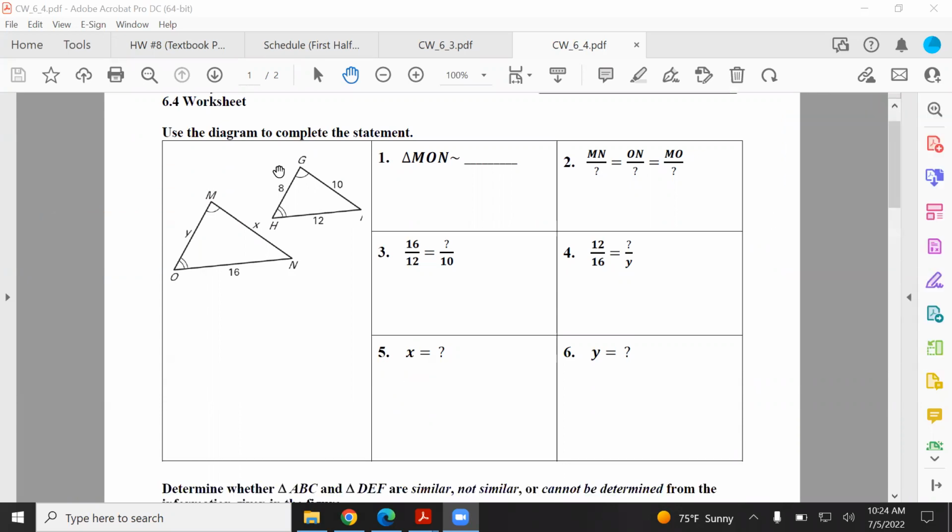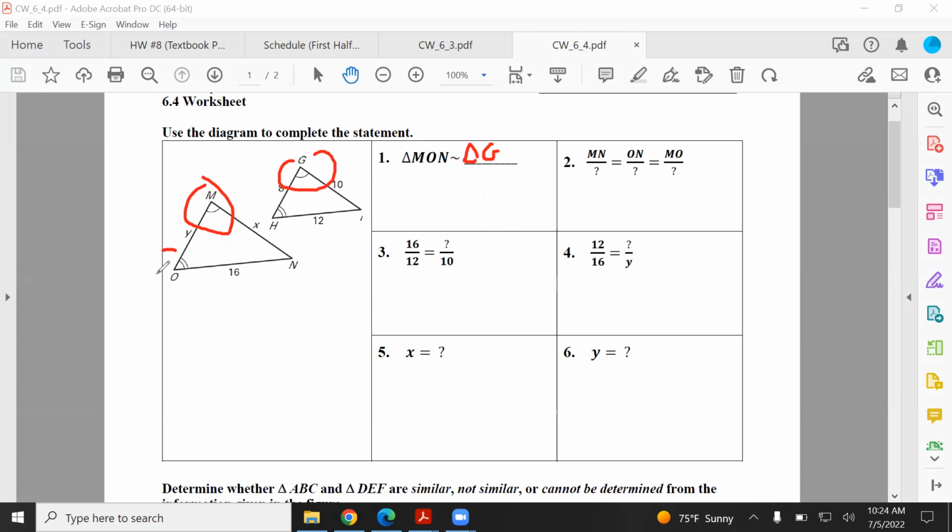So looking at this diagram here, it's pretty clear that these are similar because that angle corresponds to G. So I'm definitely gonna put triangle G. Okay, I am doing the evens. Sorry, I am doing the odds right now. We'll just reduce your work a little bit.